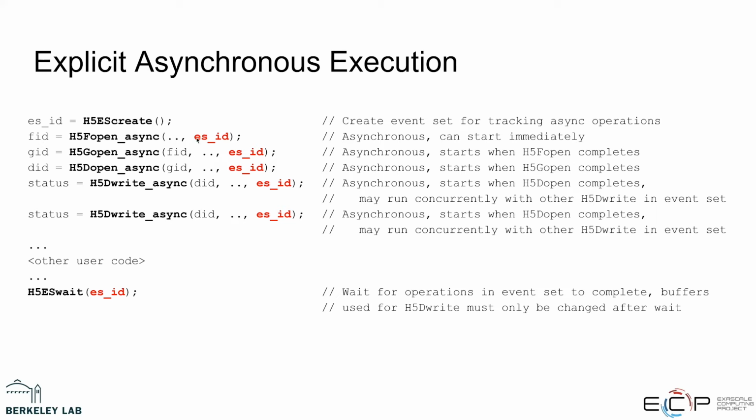We just add an additional parameter, the event set ID, at the end, to specify which event set you want these operations to be associated with. Once we do this, they will all be executed as asynchronous tasks. There are some dependencies which determine the order of that execution. I will explain a bit more in detail later.